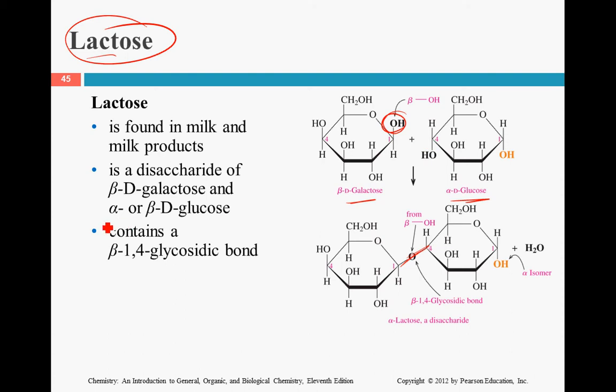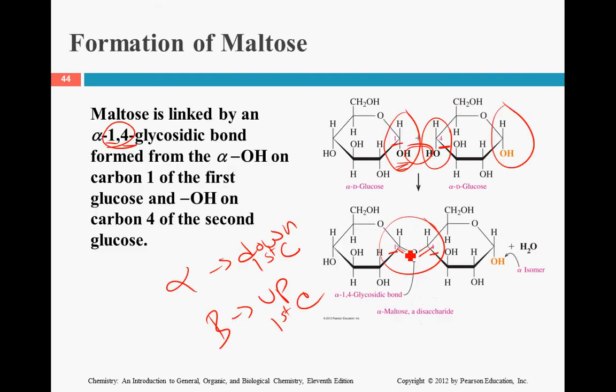So it forms with both alpha and beta glucose, which means that this glucose could be pointing up or it could be pointing down. It contains a beta bond, meaning that the first carbon had beta, so therefore it was coming up, which means it forms more of a line versus the other one, which has more of a V.